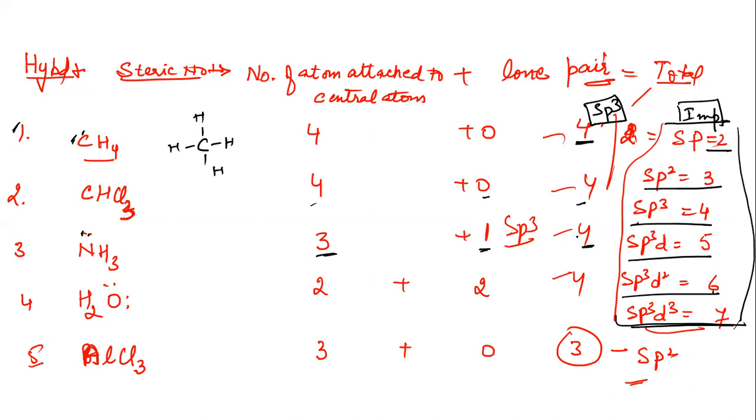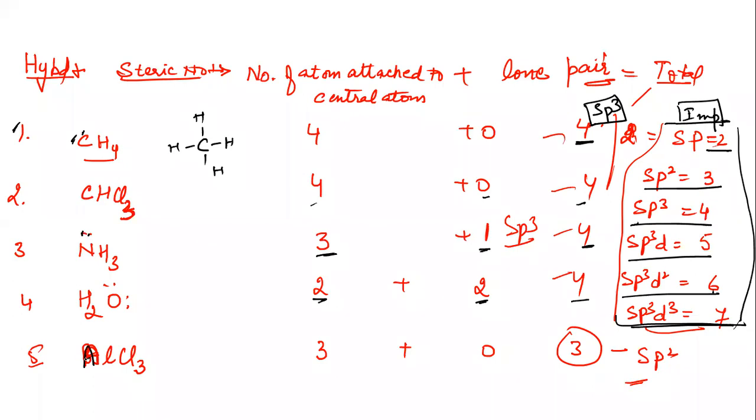Now in the case of water, 2 hydrogens are attached. There are 2 lone pairs on water. You have to take the lone pair of the central element, not the lone pair of the other ones. So 2 plus 2, again it is 4.